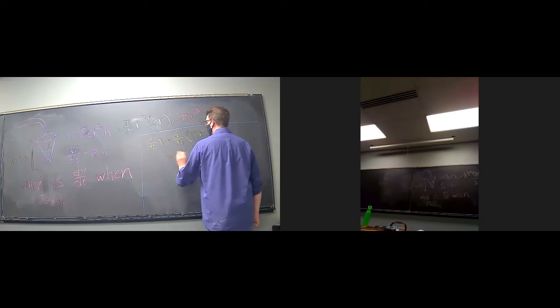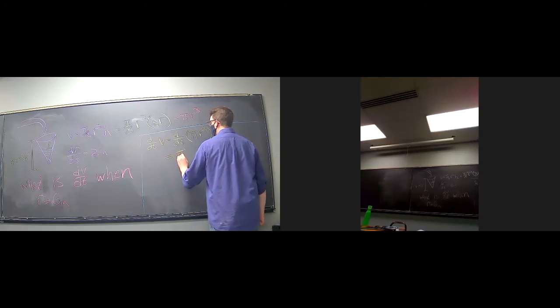This thing is going to come out to be pi times 3r squared dr/dt. Everybody agree? Well, we're given that the change in radius with respect to time is 2 inches per second.